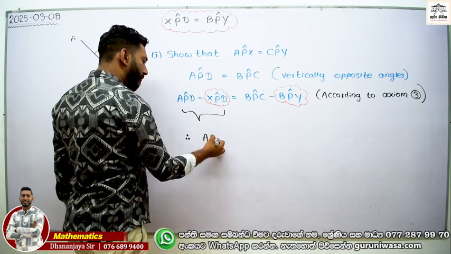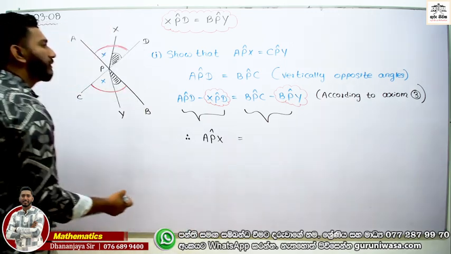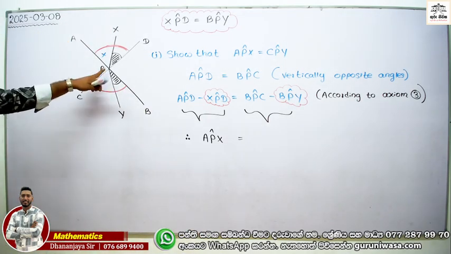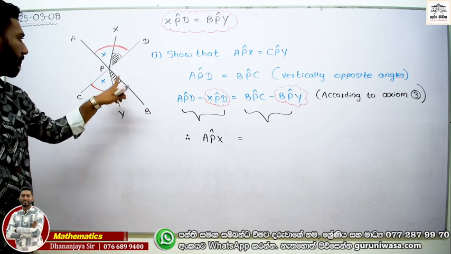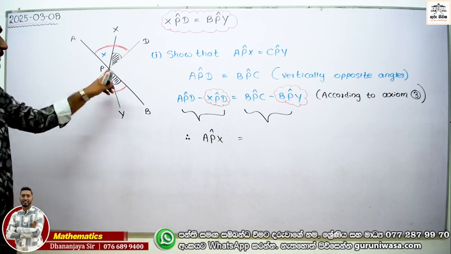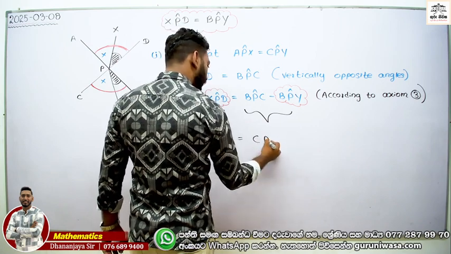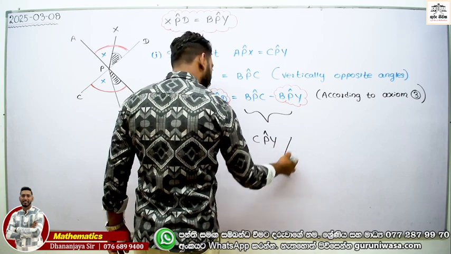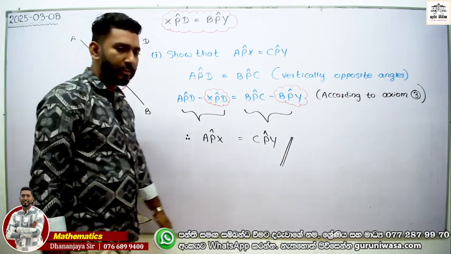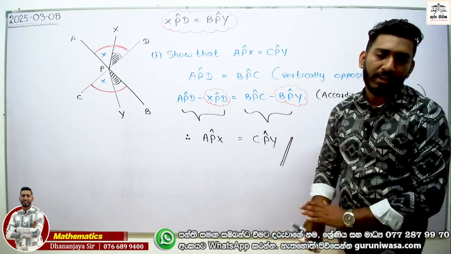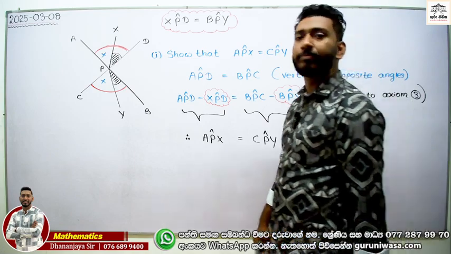Therefore, APX should be equal to this, which becomes BPC minus BPY, it becomes CPY. Now this is the part we had to show, CPY. This is the answer for the first one, right? I think this one is easy, right? Easy, huh? Right. Let's write this down nicely. This is axiom number 3.